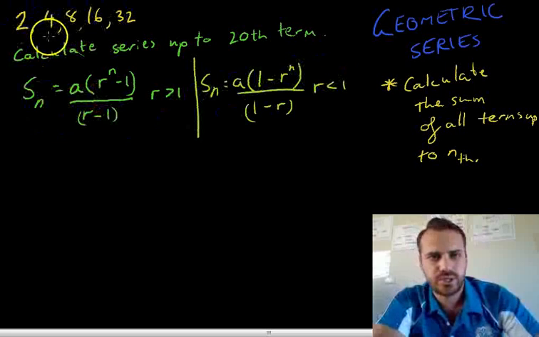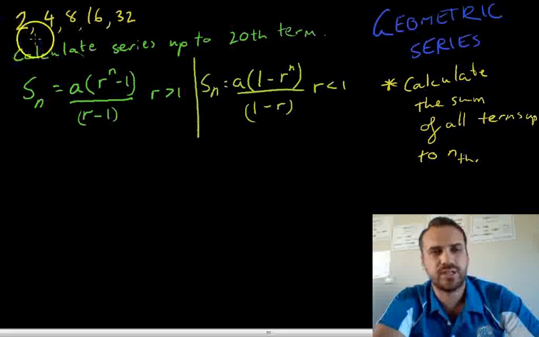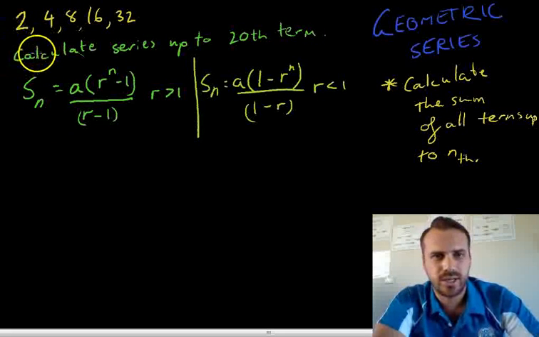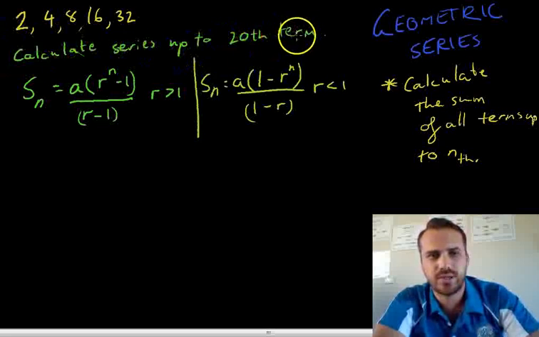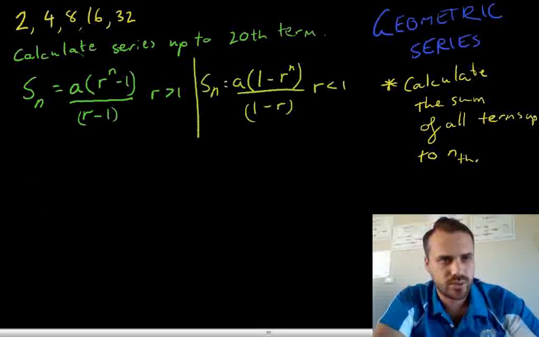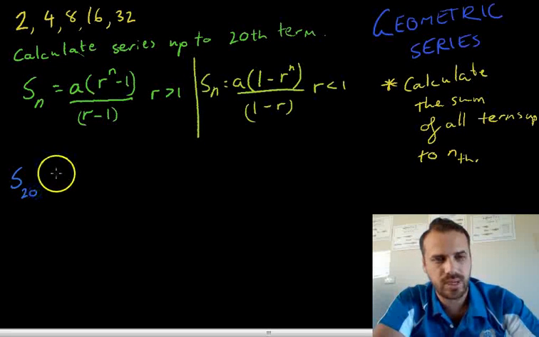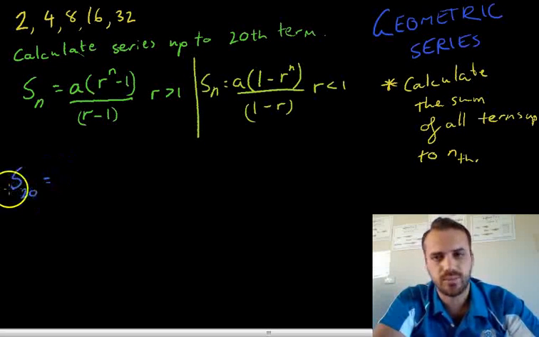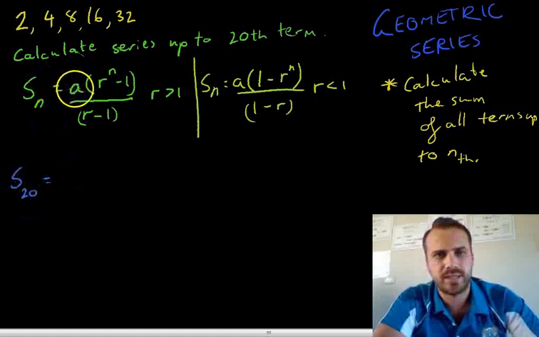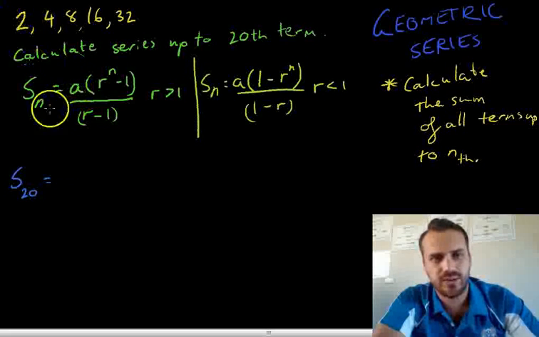So looking at this question now, we can solve it fairly easily. Calculate the series up to the 20th term. So we're saying the sum of all of them up to term 20, which includes term 20, is equal to A, the first value, which is 2, times the ratio to the power of n.